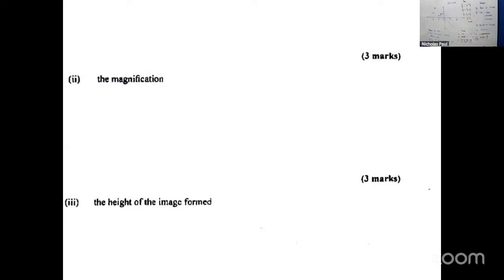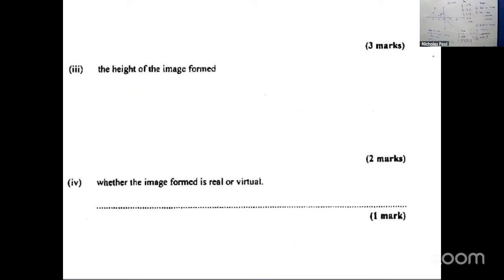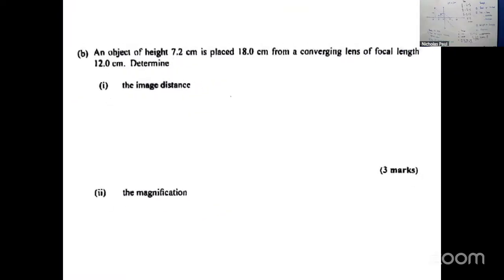Height of the image. When you're done, part 3 is height of image. Thank you, Justin. Again, the answers are online. Right, find the height of the image and tell me if it's virtual or real.